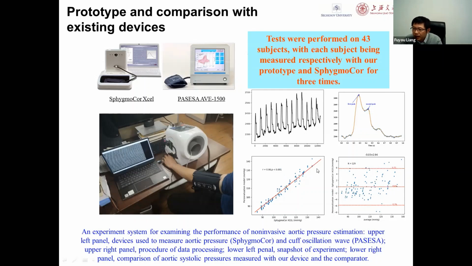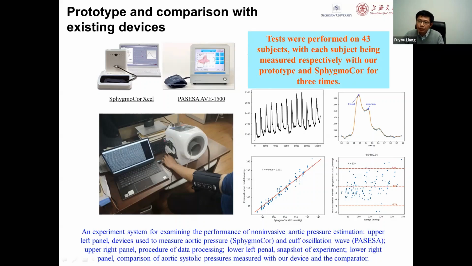These are some results. You can see the correlation between our result and those obtained by SphygmoCor is high, with the error about 0 plus minus 2.9. So at this stage, our approach looks good.